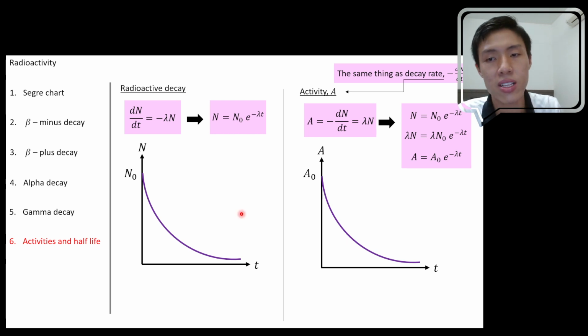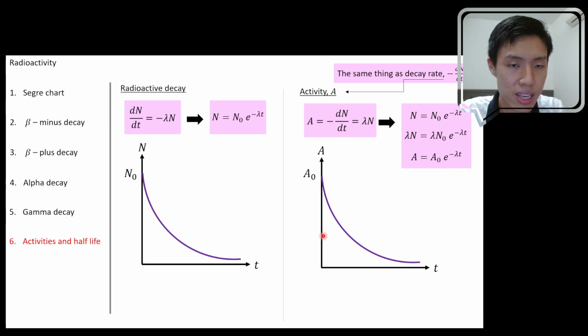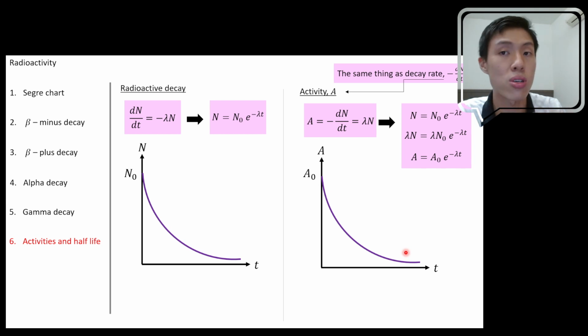You should expect to see the same graph for the number of radioactive nuclei against time and the activity against time, because this equation told us already that A is directly proportional to N. So the type of graph you should expect from them should be the same.